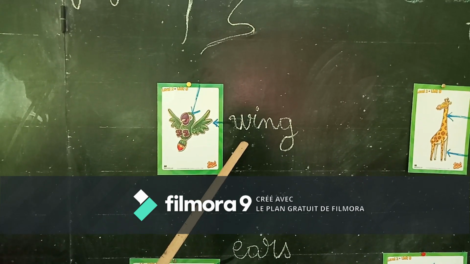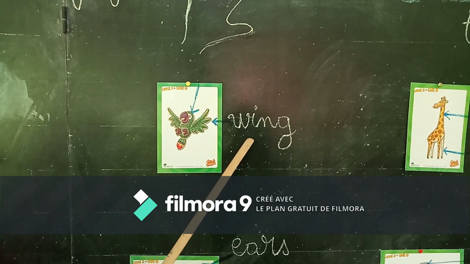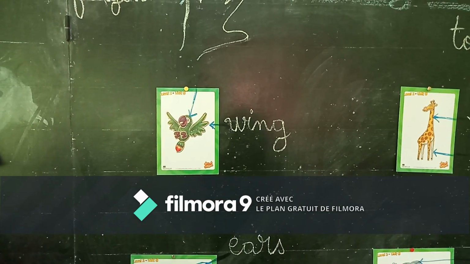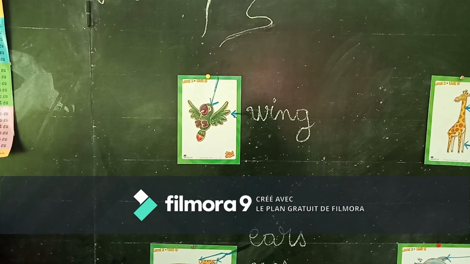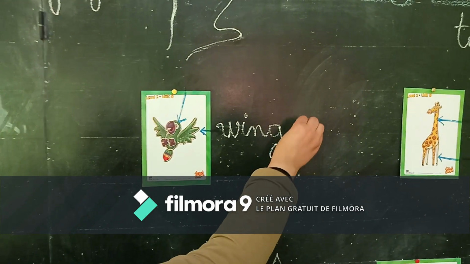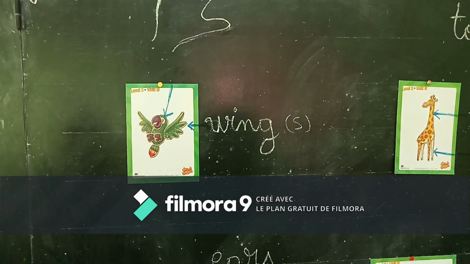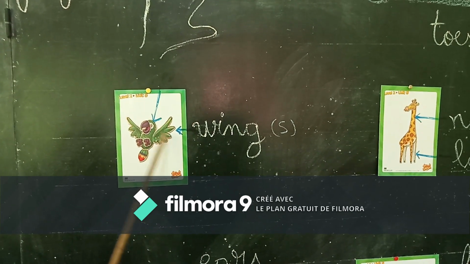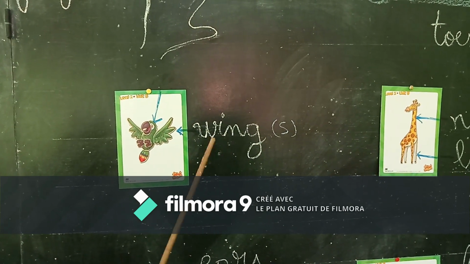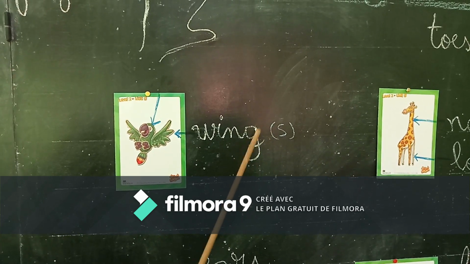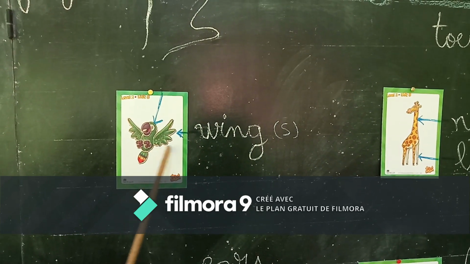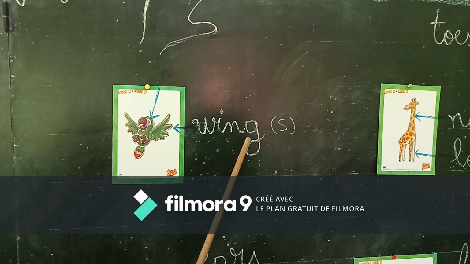Then you have wing. So here for wing, when you have just one, you say wing. But when you have two, you add s, which means the plural. If you have this and this, we say wings. But when you have one, just this, you say wing.